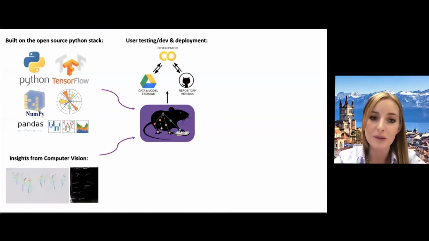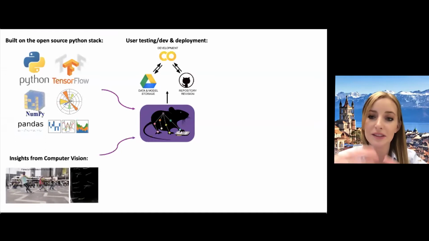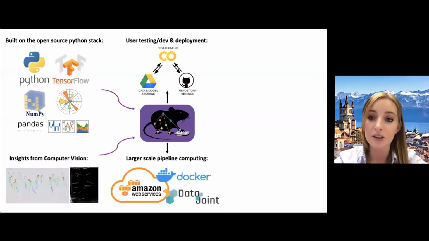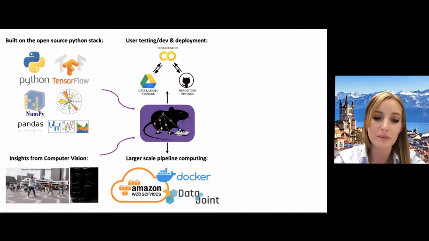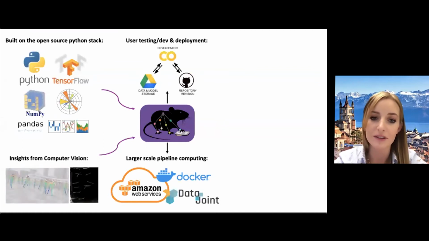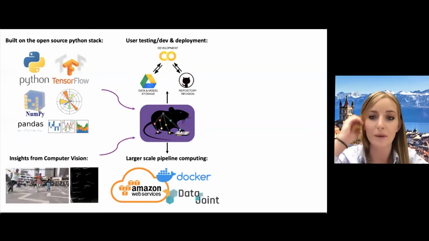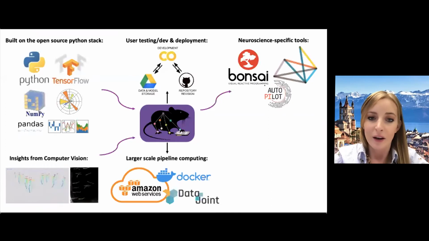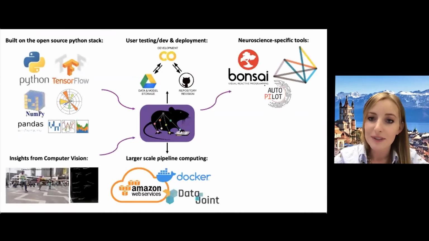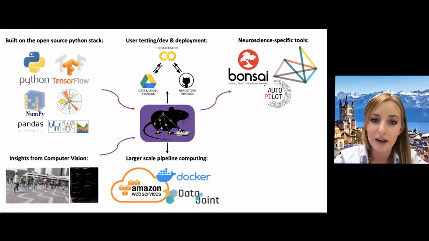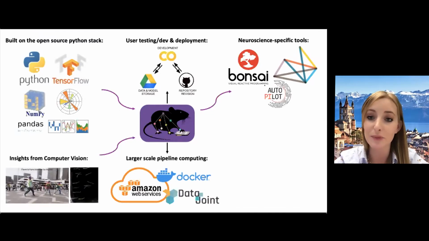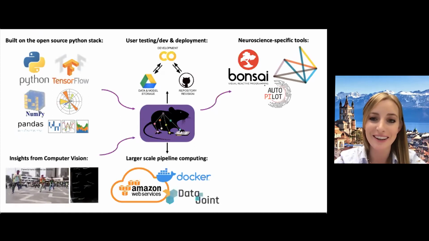And then we really tried to build it out by utilizing GitHub and this interplay with Collaboratory to let people explore the data, to Docker containers and larger computing pipeline tools for people like Amazon Web Services or DataJoint, which is used in the neuroscience community specifically. We've also built other neuroscience specific tools. So Bonsai and Autopilot are two languages that are used to design experiments in laboratories. And the other icon is from OpenEphys, which is for collecting brain data.